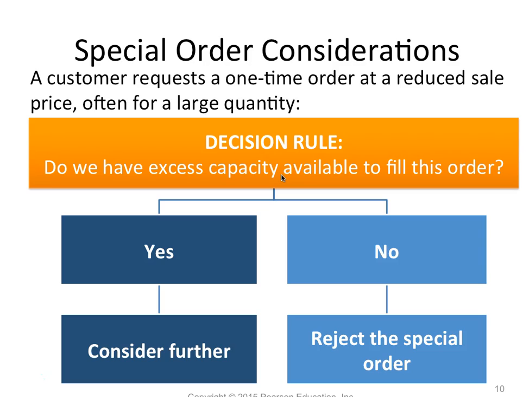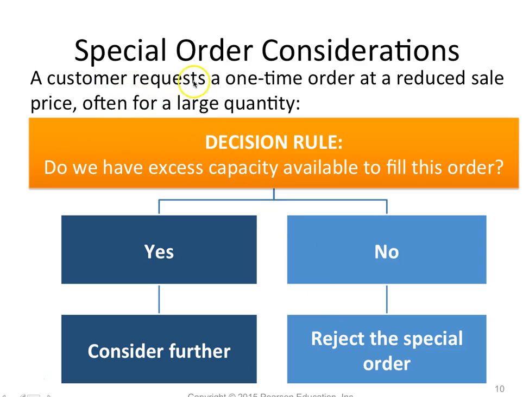And you make a decision, you say yes we do or no we don't. This is a very simple decision we're making. It's only one question. We answer yes or no. And further actions will be taken based on a yes or a no.